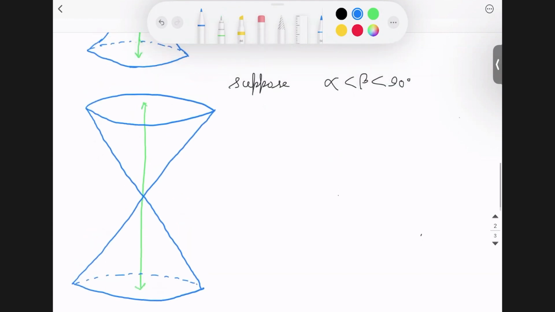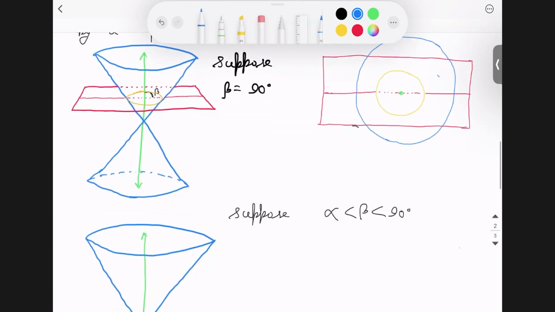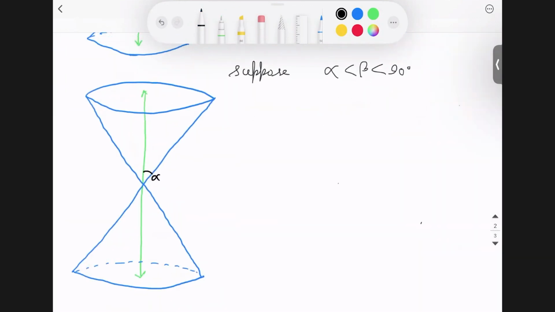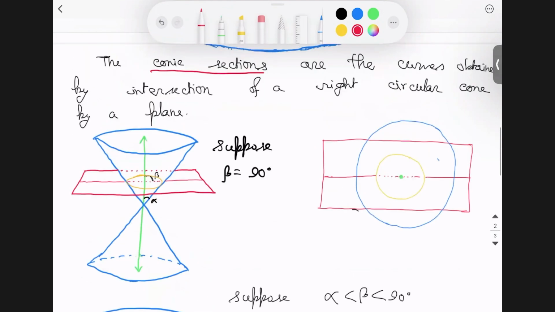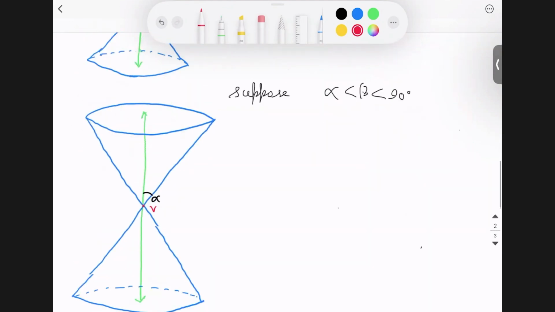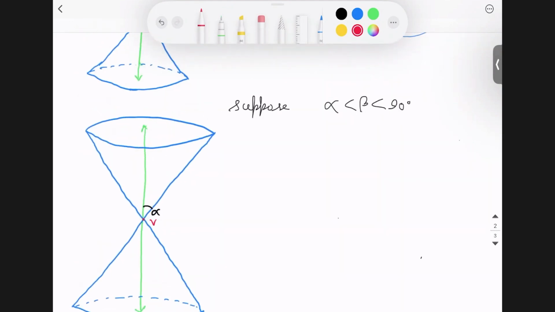Now, here alpha was this angle. Here also alpha will be this angle. This is the vertex V. And here also you can see the vertex V will be here. Now, there is vertex V and alpha is this angle. Now, draw a plane which is at some angle which is less than 90 degrees but greater than alpha. Check that.